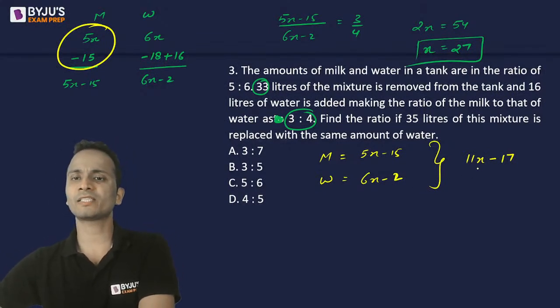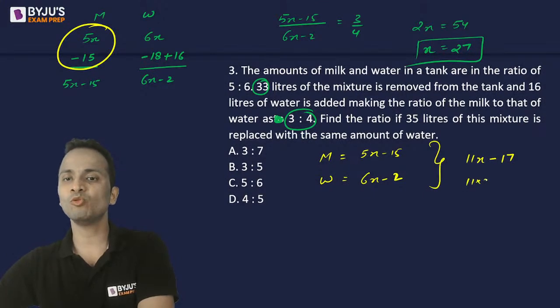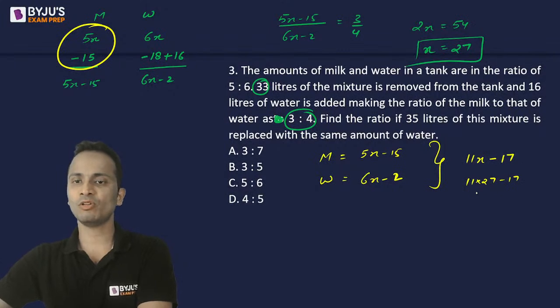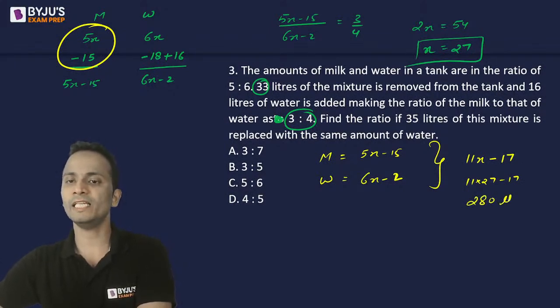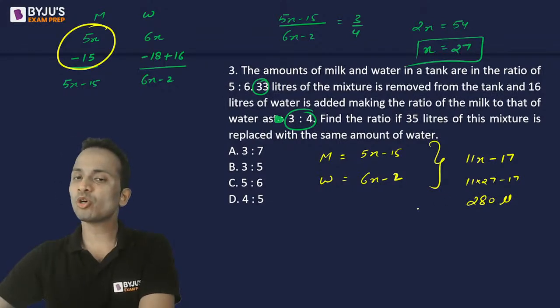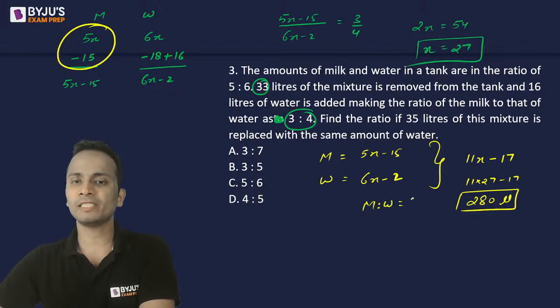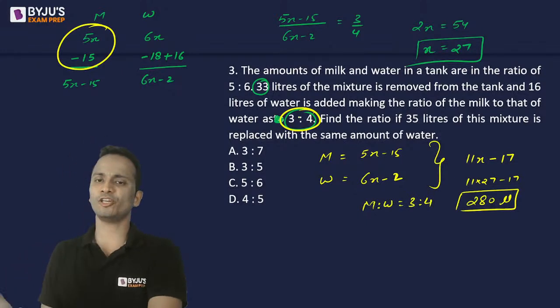So 11x, that is 11 into 27 minus 17. Now 27 into 11 is 297, minus 17 is 280 liters. So this new solution is 280 liters in which milk and water are present in the ratio 3 is to 4, already given in the question.